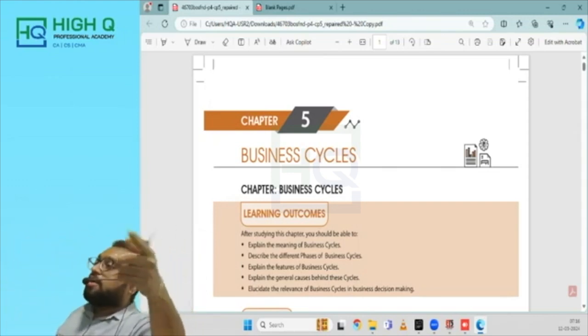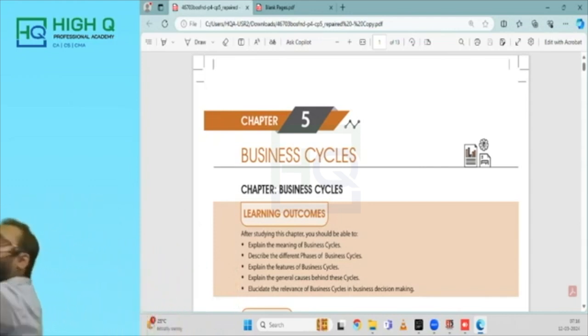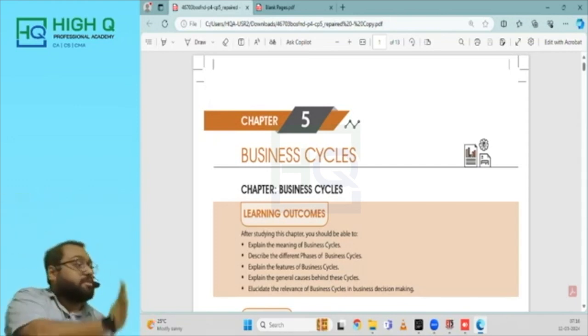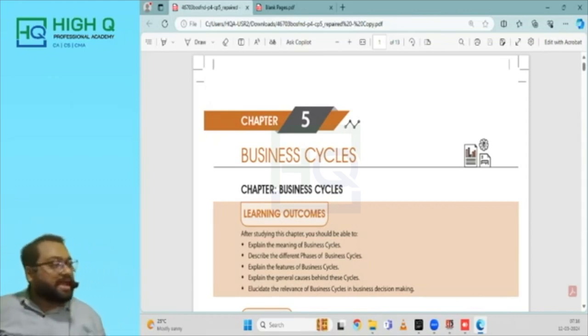Yes or no? People will get employment. People will get money. People will have purchasing power. They will demand. Yes or no? Again the price will come up. Say yes or no. So from inflation it goes to deflation, from deflation to inflation, and this goes on continuously in the economy. Say yes or no? Say yes.